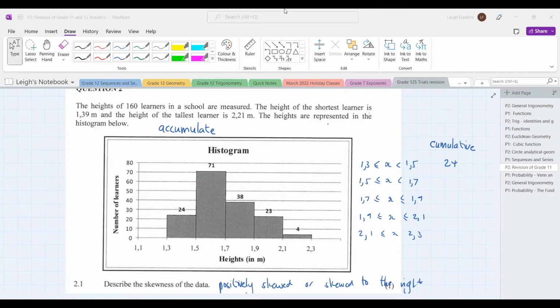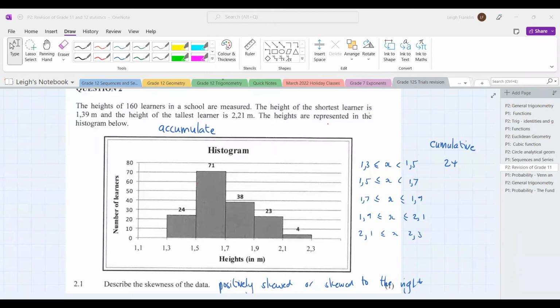You guys know who Elon Musk is, right? That's it. Okay, so it's added up to, it's been collected, it's been added to. So accumulate means to collect or to add up over a period of time. So cumulative frequency means the frequency that has been added up over time. So what it tells us at any particular interval, how many people or things fit into that group or less.